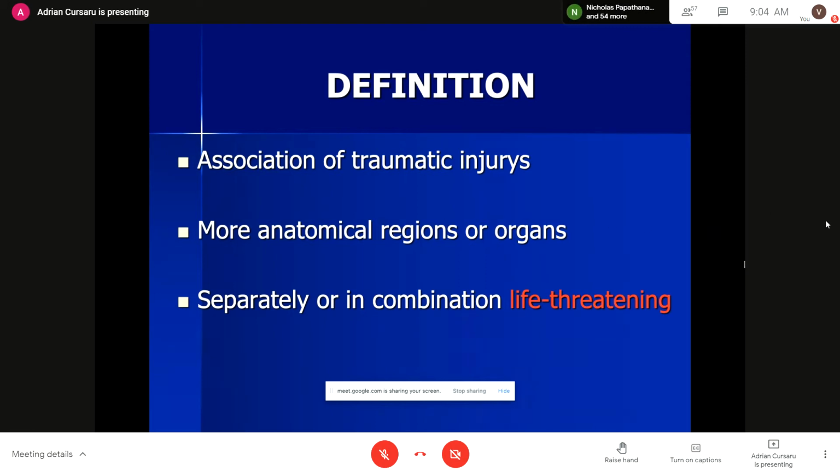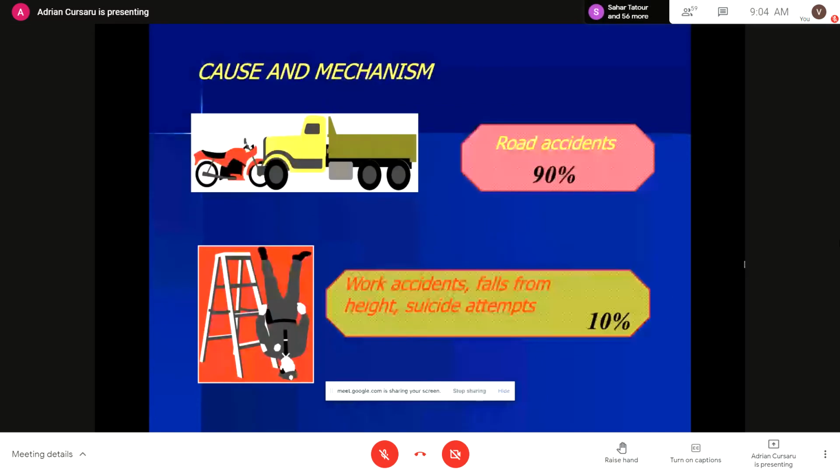Things that are important for our specialty. We will discuss the association of traumatic injuries, in more anatomic regions or organs, separately or in combination life-threatening in polytrauma patients.